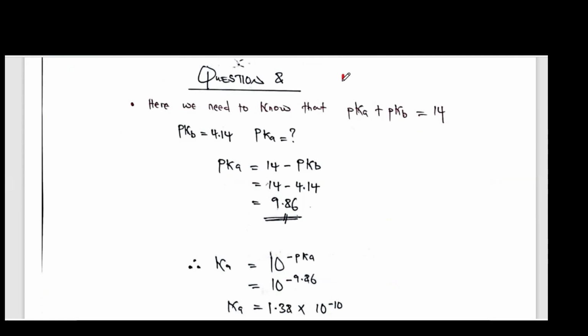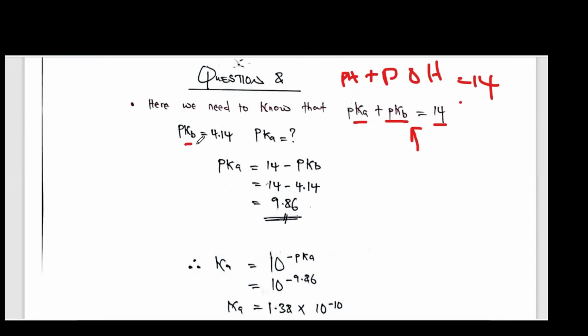Just like we have pH plus pOH equals 14, it's the same principle. The pKa plus the pKb will always be equal to 14, okay? Since they have given the pKb, we're going to use this formula to help us find the pKa. And then after finding the pKa, we can find our Ka, right?